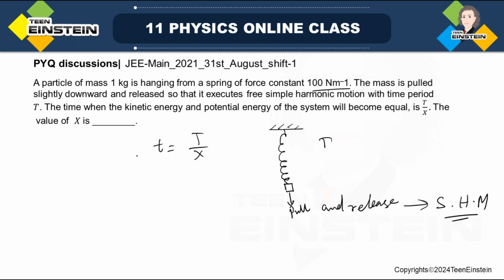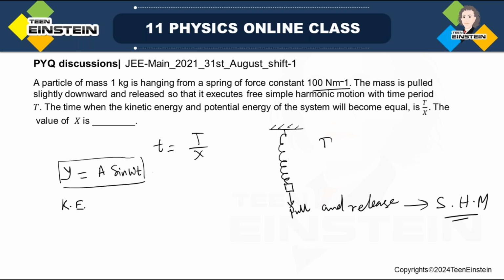This is a very simple question. Let me take the displacement. For SHM, displacement will be a sine omega t, with the initial phase taken to be 0. Now let me find out the kinetic energy and the potential energy at an arbitrary displacement.